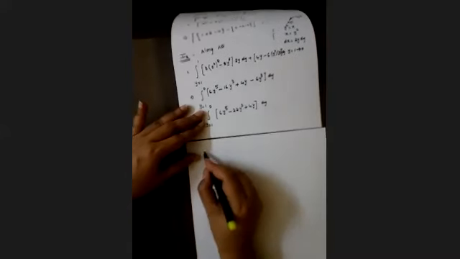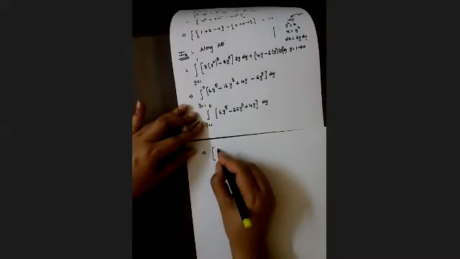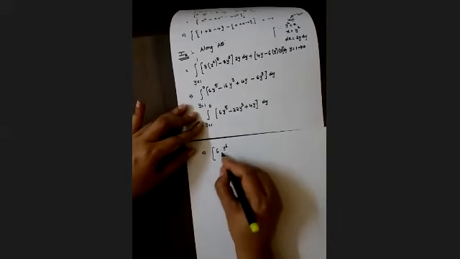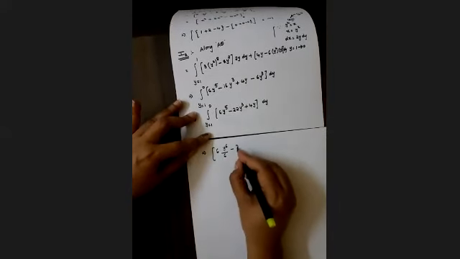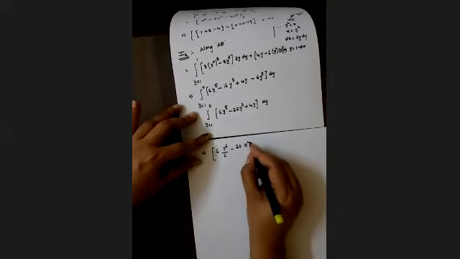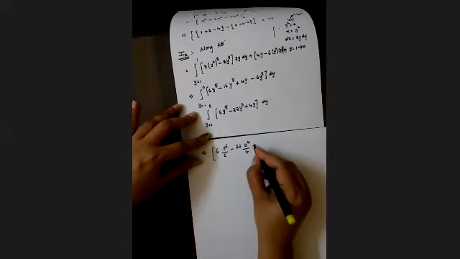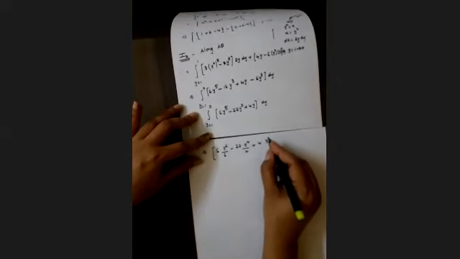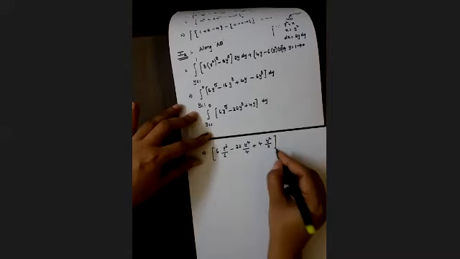When integrating with respect to y, what you are going to get? 6 into y power 5 integration, y power 6 by 6, minus 22 into y power 4 by 4, plus 4 into y square divided by 2, and the limits are from 1 to 0.